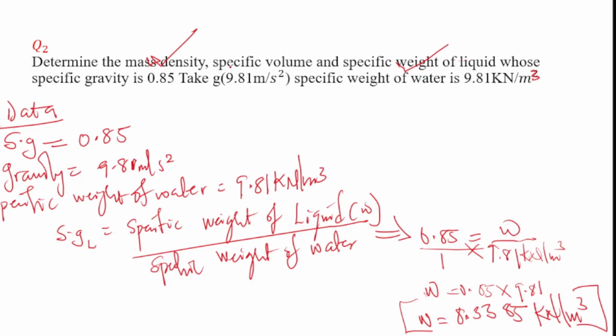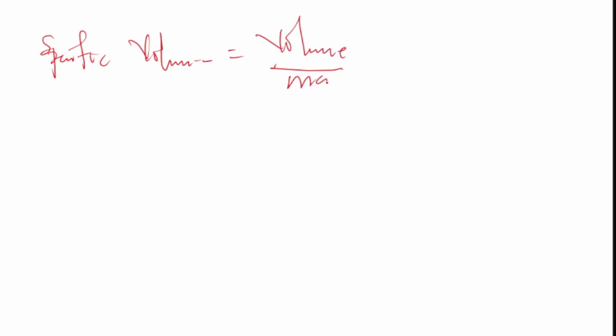Now the last thing is to calculate your specific volume. Remember, I told you that specific volume is equal to volume over mass, right? And I said specific volume can be denoted as v, or 1 over density.